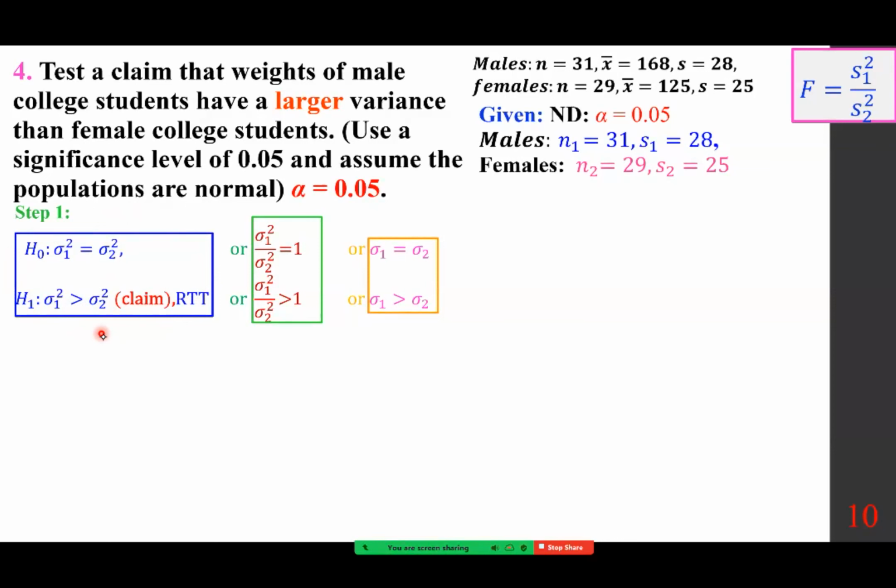Or you may write the ratio of these two is 1, and the ratio of these two is larger than 1. So use this one or this one. Don't mix them up. Or maybe you use sigma 1 is equal to sigma 2, sigma 1 is larger than sigma 2. Which one do you use? If they are giving you options, you choose the way you like.